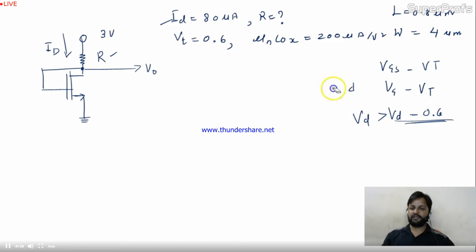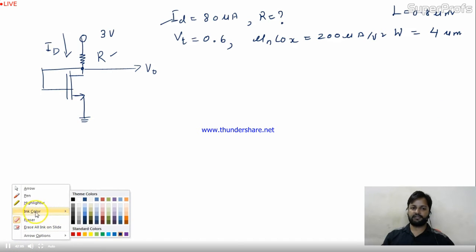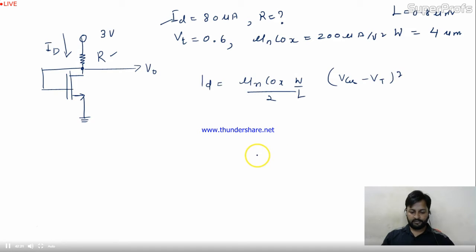So if it is working in the saturation region, let me take the saturation current ID. And if you remember the formula, the current ID was mu n Cox W by L divided by 2 also (VGS minus VT) whole square. Is it okay? This is the formula for you. Now everything is given. What is ID? 80 micro. Perfect. Mu n Cox is given 200 micro.